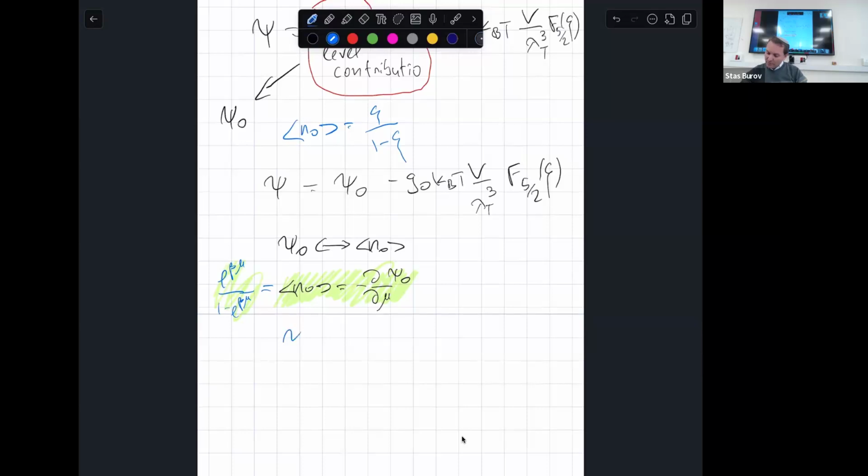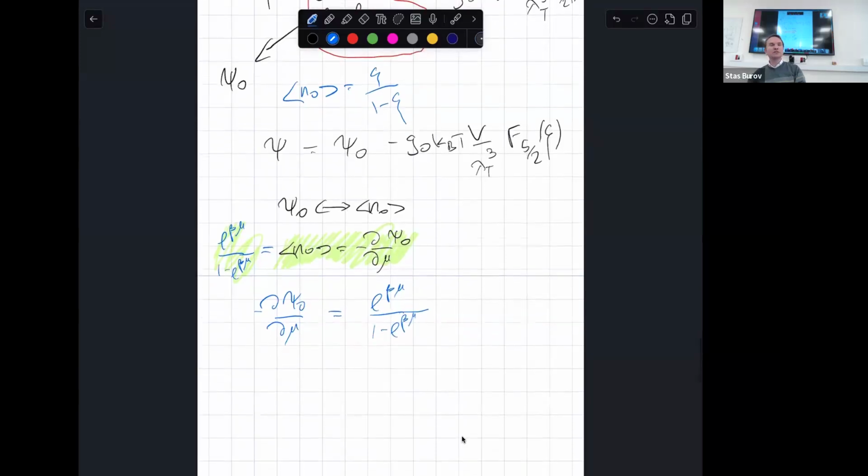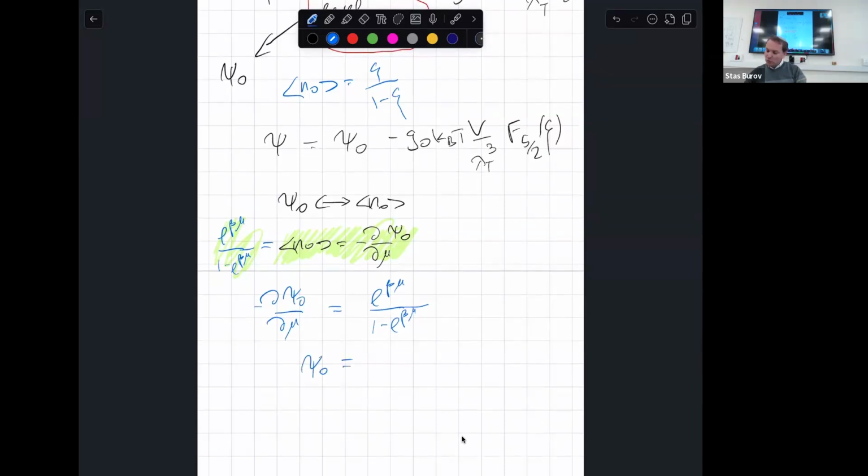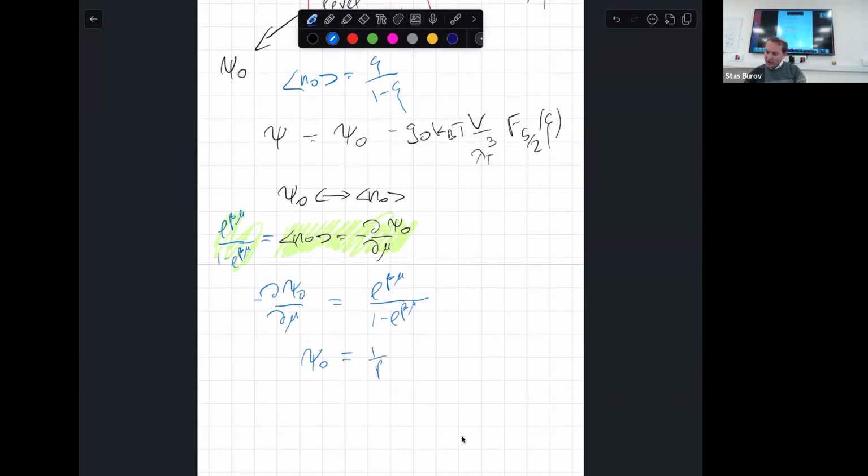So we have minus d psi 0 over d mu equals e to the power beta mu divided by 1 minus e to the power beta mu. We solve this equation. You just need to perform one integration with respect to mu, and you obtain that psi 0 equals 1 over beta log of 1 minus e to the power beta mu.